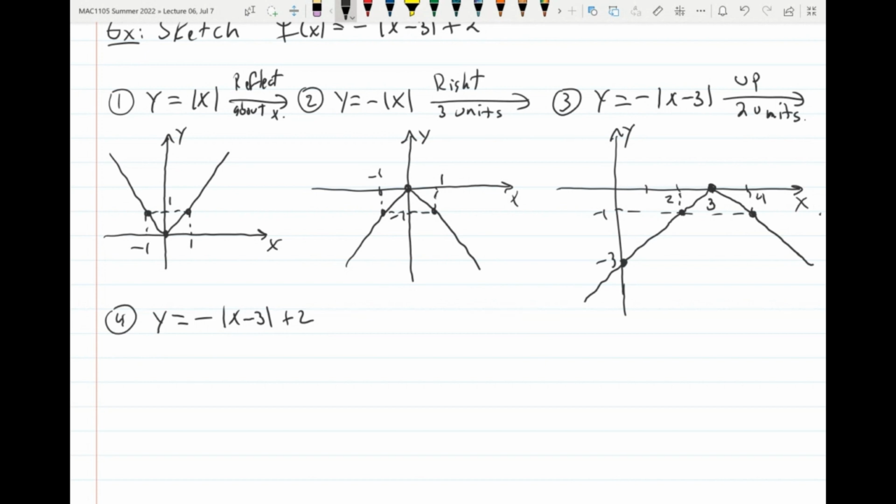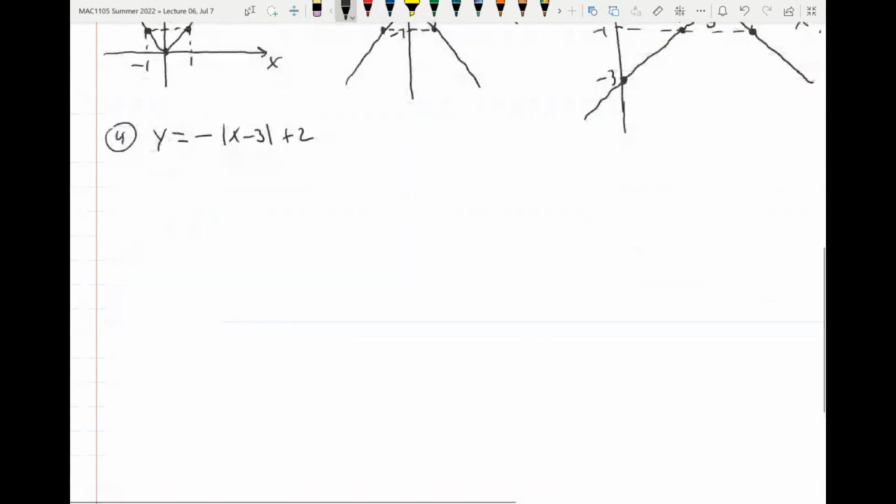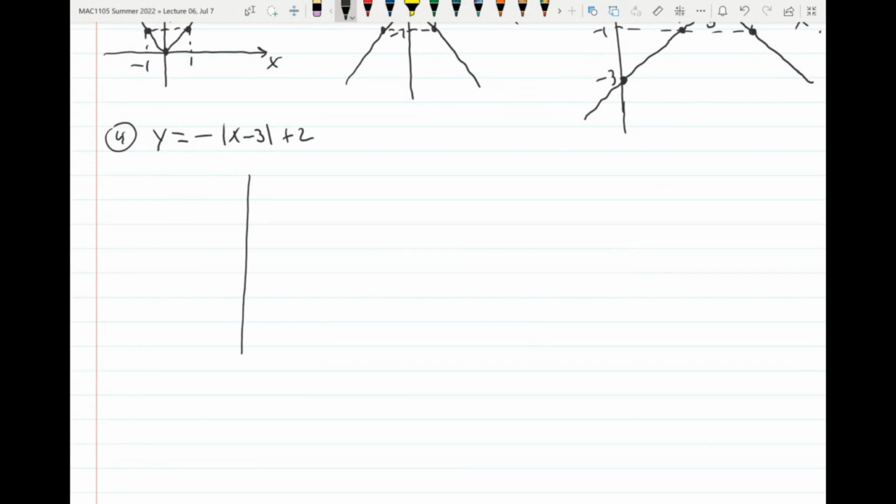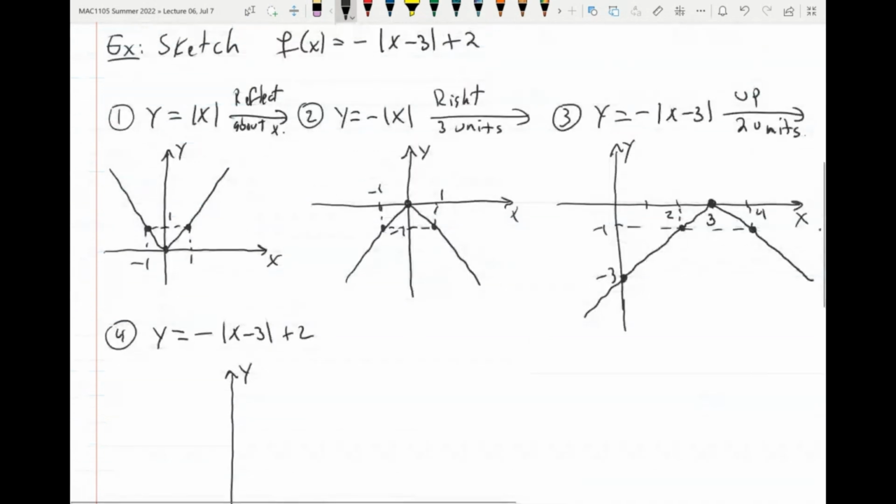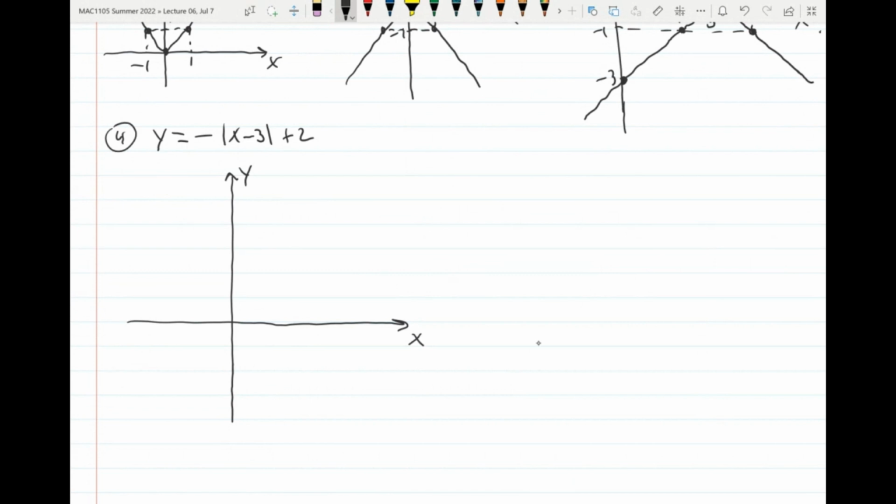And then lastly, from 3 to 4, what we're doing is we're taking this picture and we're pulling this up 2 units. Okay? Which is the final outcome. The point 3, 0 is going to go up 2 units, so I will now be at 3, 2. So let's say this is 1, this is 2, this is 3, this one is 4, 1, 2.